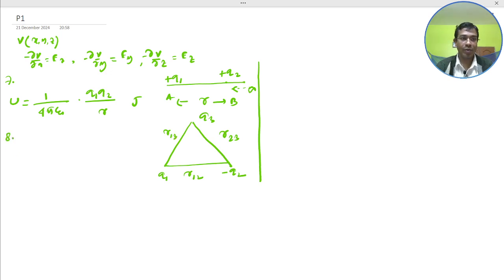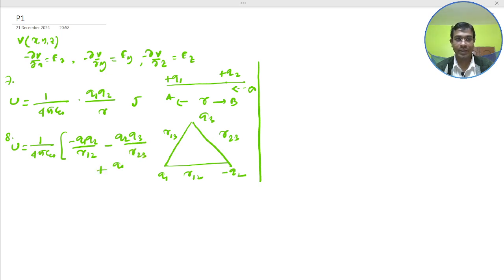So now U is equal to 1 by 4 pi epsilon naught times minus Q1 Q2 by R12, Q2 Q3 by R23 plus Q1 Q3 by R13.